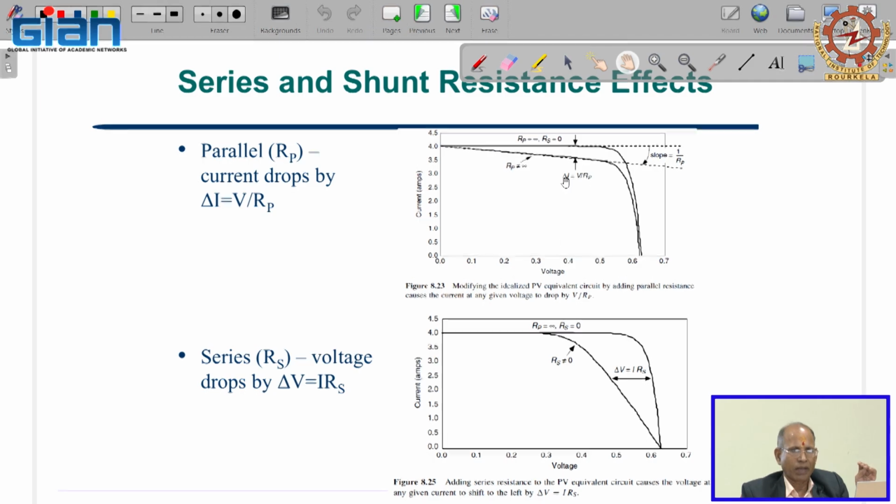You can see the effect of the delta I drop: the curve drops a little this way. So the slope will be 1 by RP, and the drop delta V is equal to I RS.